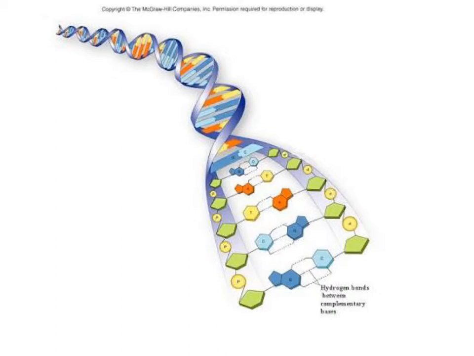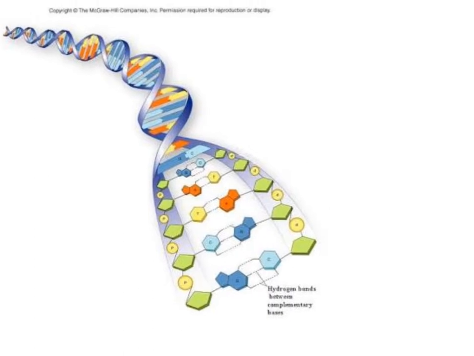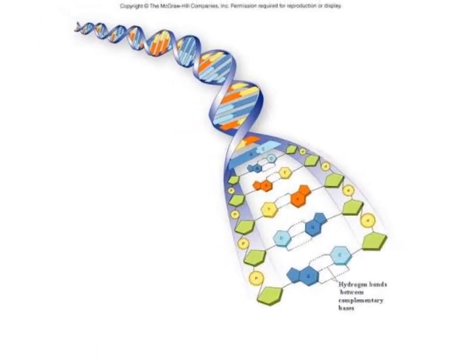If we look a little bit more closely at the DNA, we can see here in this particular picture the hydrogen bonding between the base pairs, and that's really important that we understand that as the base pairing rule.